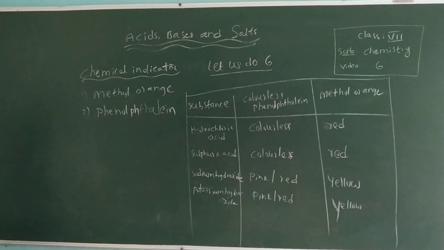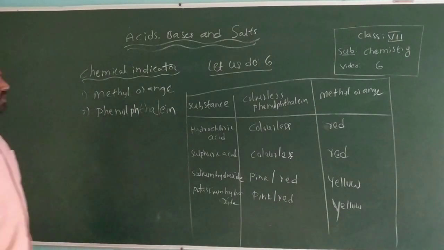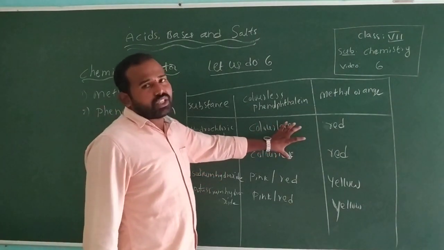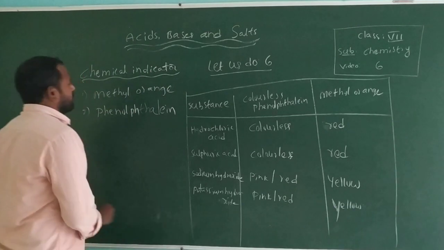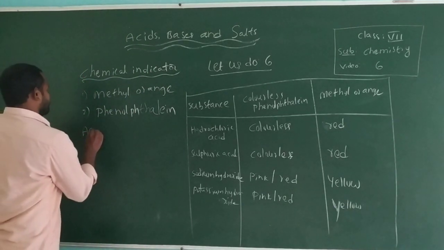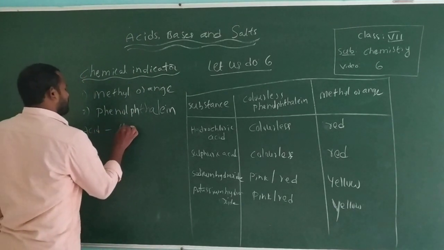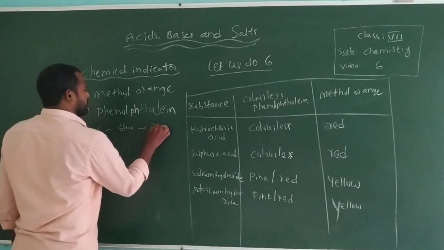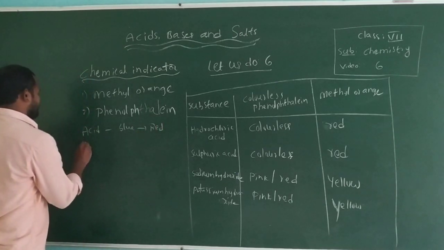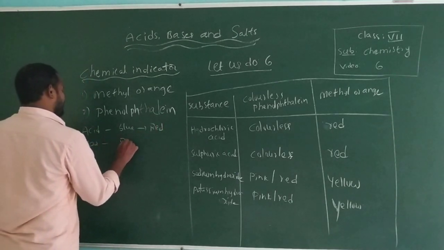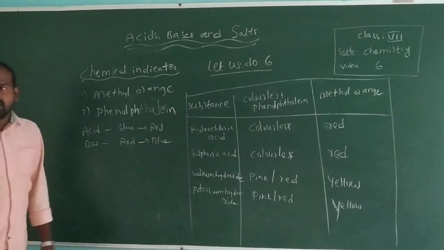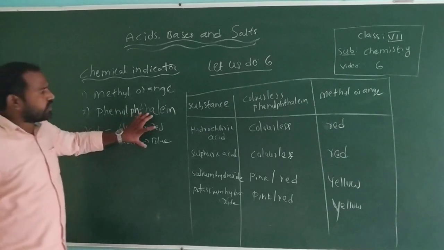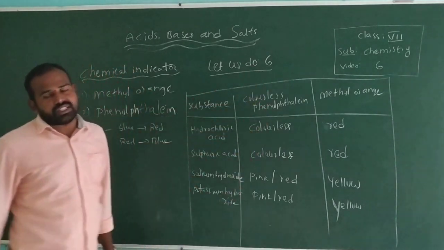Compare the above observations with the litmus test. In the litmus test, for acids, blue litmus changes to red color; for bases, red litmus changes into blue color. These observations we need to compare with these color changes.